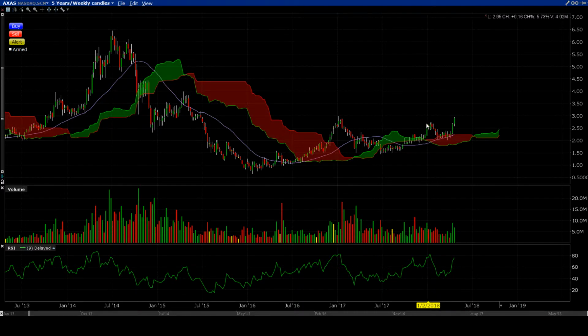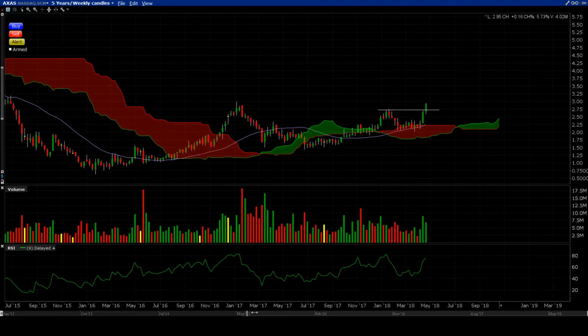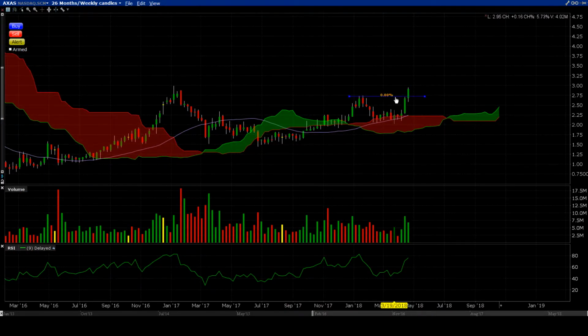So what do we have? We have a smaller launching pattern right here. Okay, so like that. Zoom it up. Right here, we're above the 30-week moving average, above a trend line.